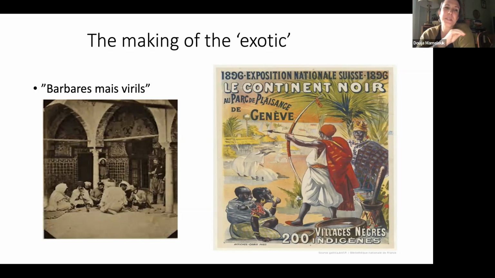But the theme is they're barbarian, but they're manly, okay? And this is what shows; there are a lot of men. They're depicted as smoking what you guys know of as a hookah.